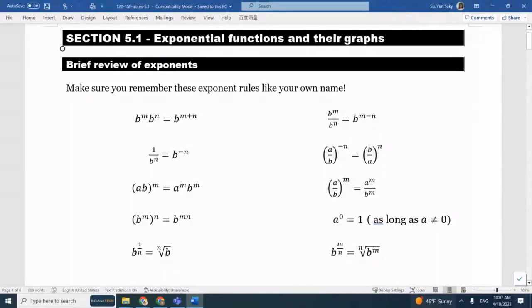Brief review of exponents. Please make sure you remember the exponent rules like your own name. b to the m times b to the n is b to the m plus n.